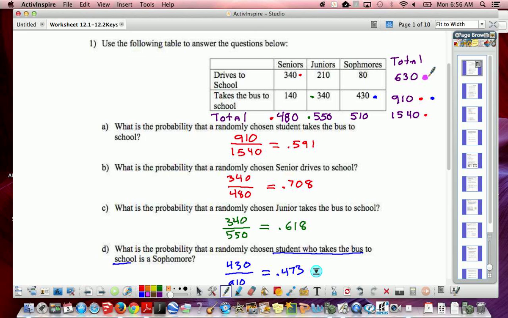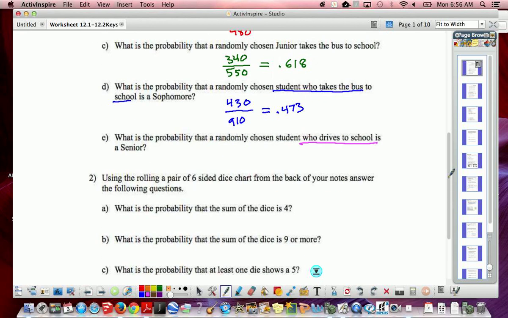Of those 630, how many are seniors? That's this number right here, the 340. So our probability would be the 340 seniors out of the 630 total that drive to school. So that ends up being 0.540. All right, that takes care of number one.